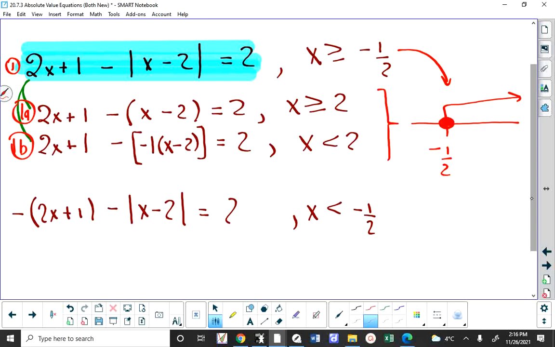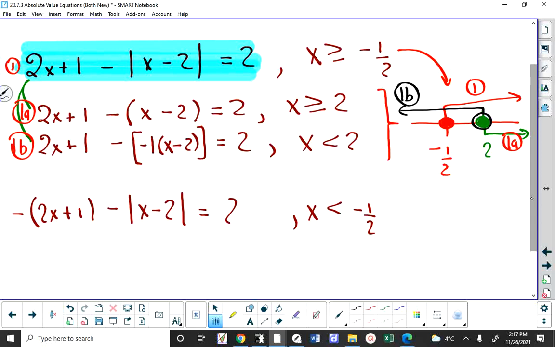And any solution to equation 1a, according to the other absolute value, that solution has to be x is greater than 2. So here is 2 over here. So this is equation 1. This is equation 1a. And this is equation 1b. Are you with me? I'm not so much worried here about getting the answers as I am setting up the domains.